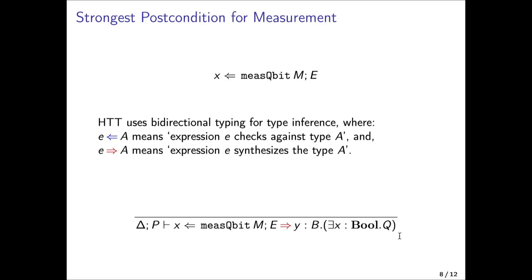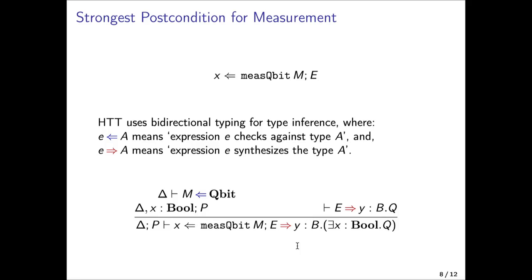So it is needed here because otherwise we will not be able to talk about x in the postcondition. Proceeding with type checking for this conclusion, we first need to check the type of the term M. It should be qubit. And then, like before, we will check or generate the strongest postcondition for E given the extended context delta with x, and P will be followed by a strongest postcondition.